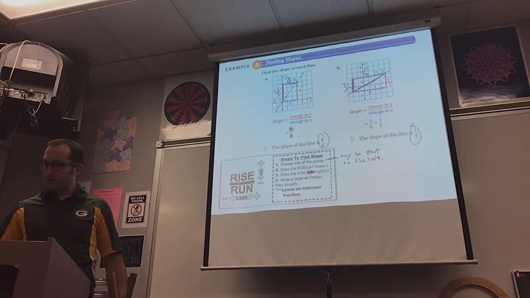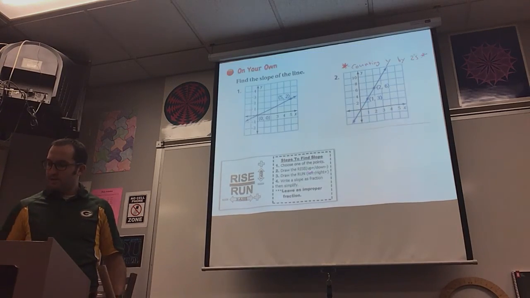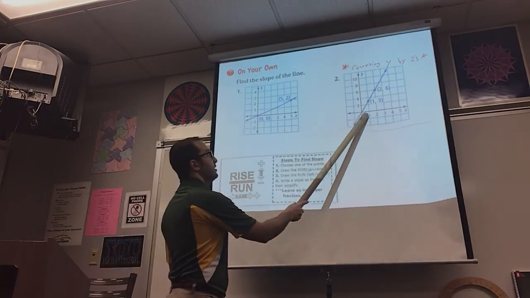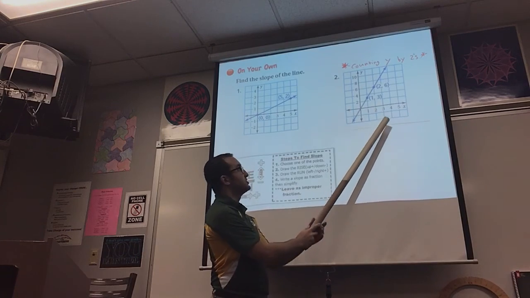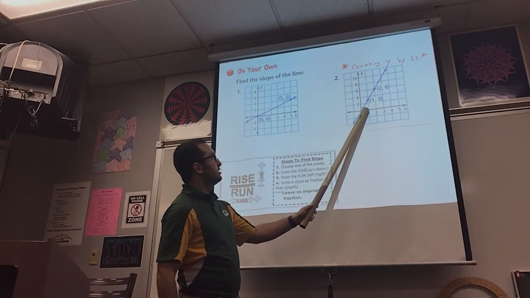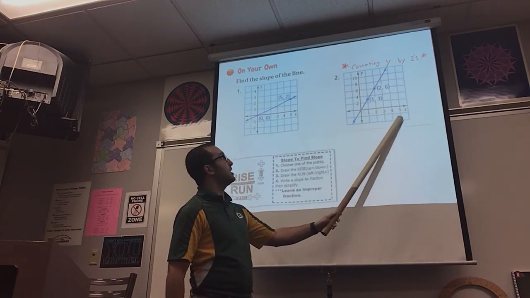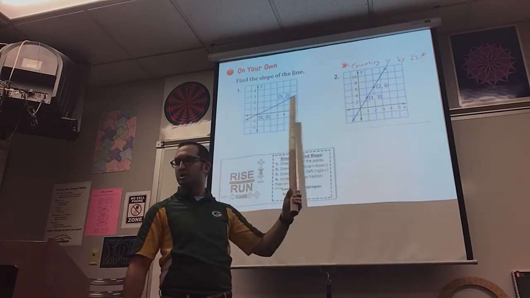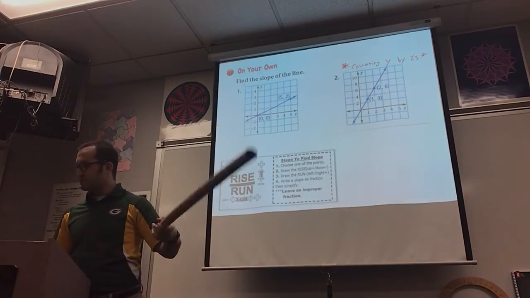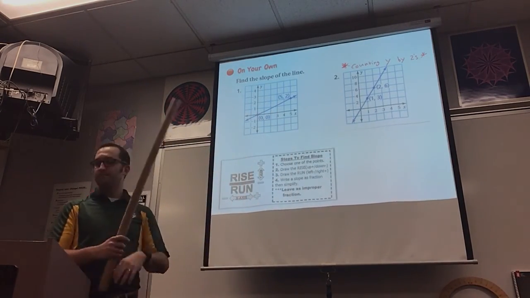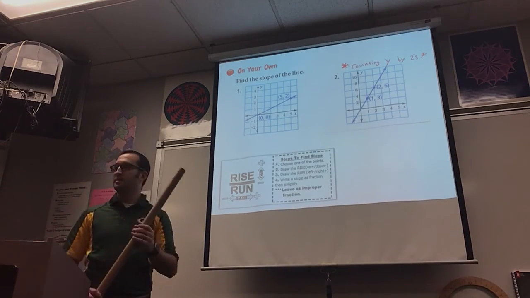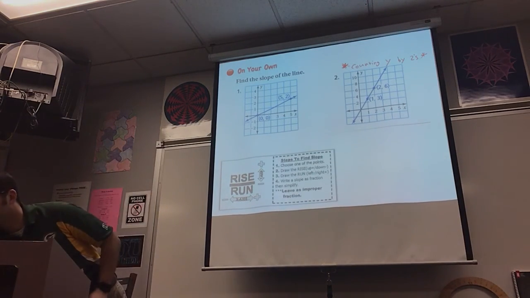All right, I want you guys to try them. Notice on number 2, x is counting by 1s, y is counting by 2s. Talk to your neighbor about it. Go. Figure out the slope. Just use the definition.